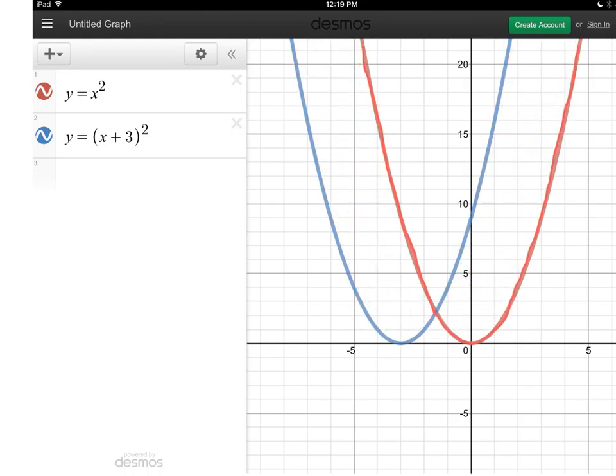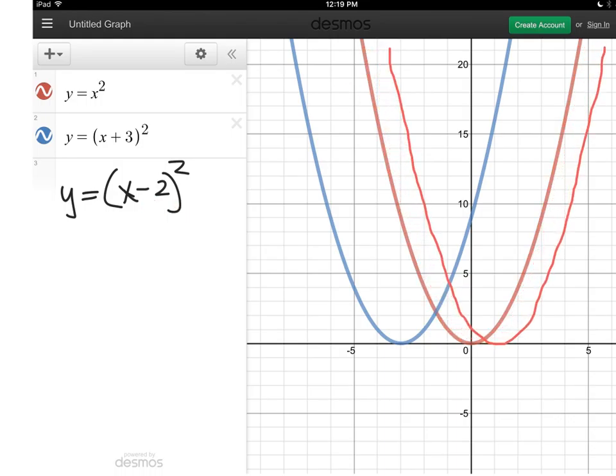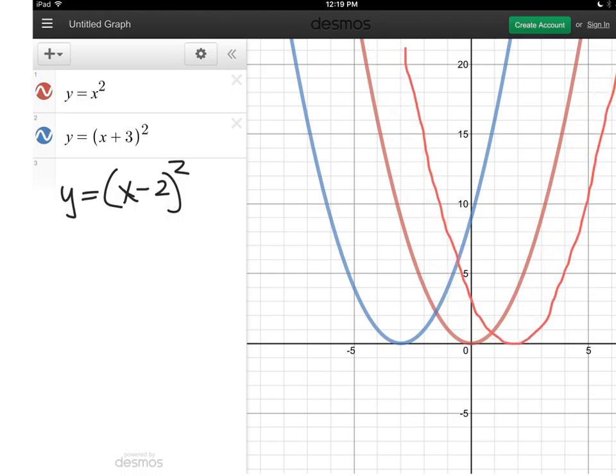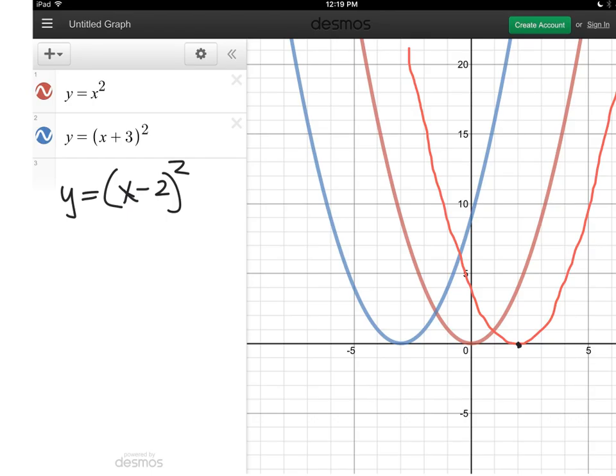What if I had y equals (x minus 2) squared? Well, that would mean our home function would slide 2 to the right. So it'd go 1, 2, and our vertex would be right there. So it's kind of counterintuitive: plus 3 slides it to the left, minus 2 slides it to the right.